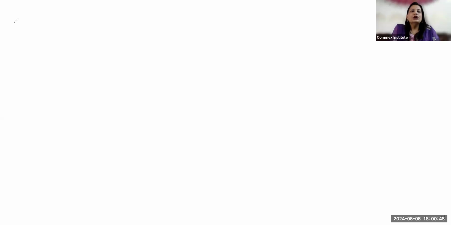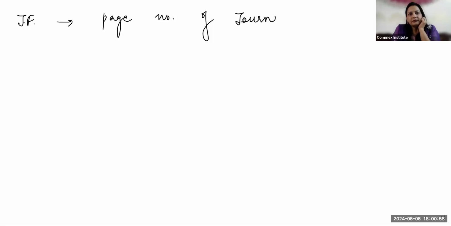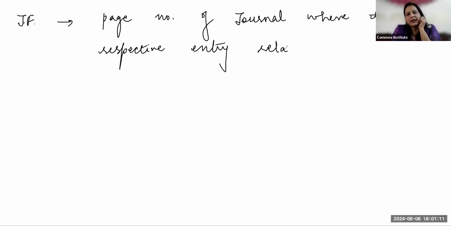Yes, very good. So we'll just write what a journal folio is. Journal folio is the page number of the journal where the respective entry relating to that account appears.